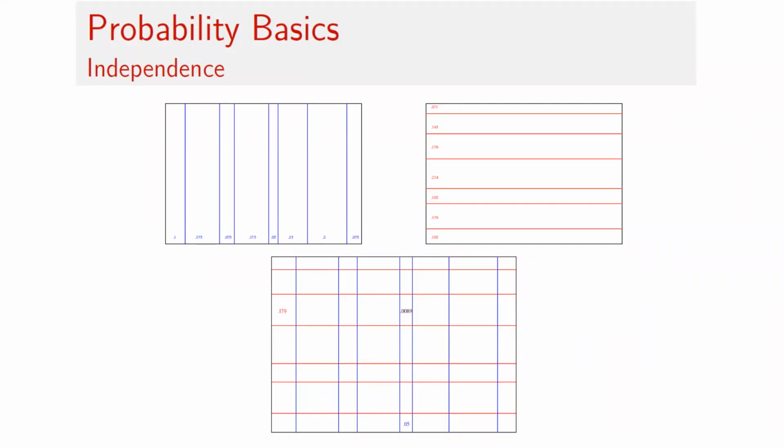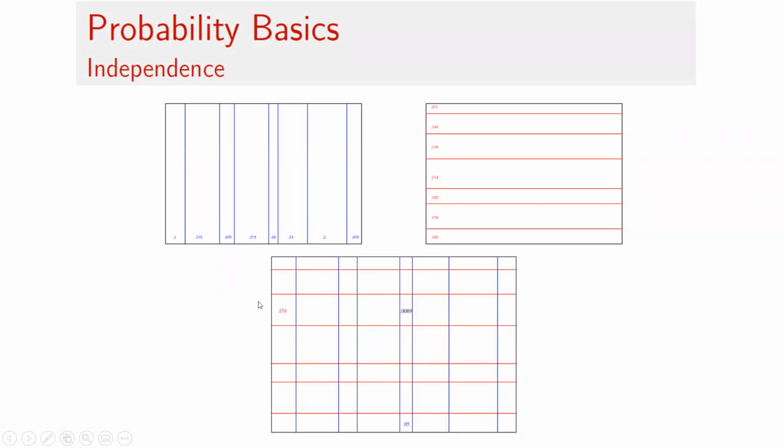For example, here we can see the dart going to this square up here. The probability of this horizontal stripe is this probability here, and the probability of this vertical stripe is this probability here.